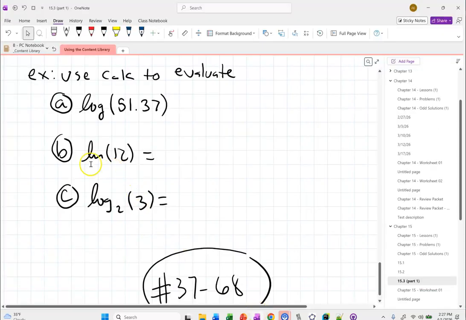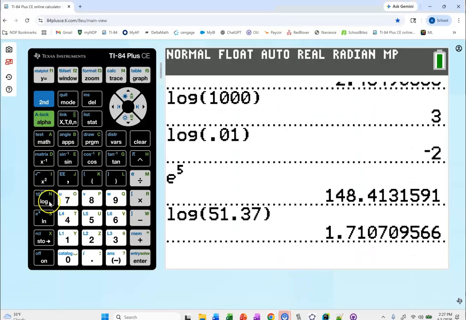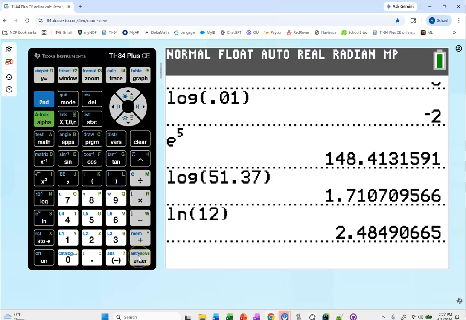If I want to do the natural log of 12, below the log button on my calculator is the ln button. So I do ln of 12. Type it in, bam, done. 2.48. So far, so good.